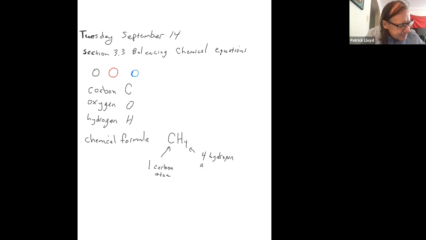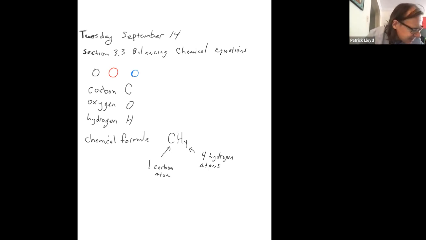This is actually the chemical formula for methane. So when it's 1, we don't put a number underneath it. We don't put a subscript. If it's more than 1, then we use a subscript. So CH4: 1 carbon, 4 hydrogens.